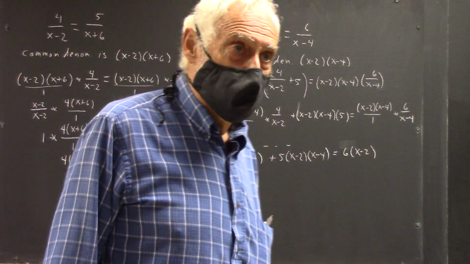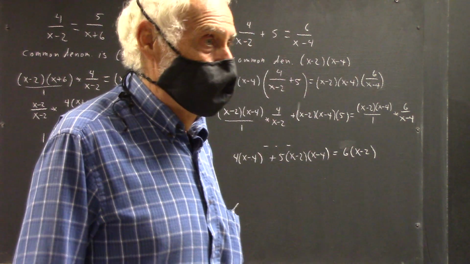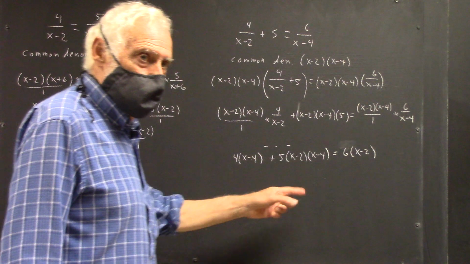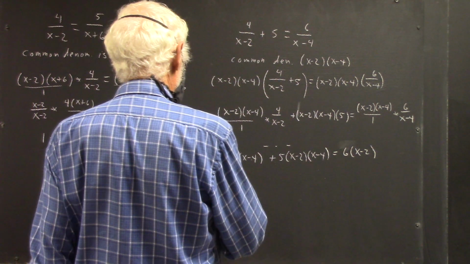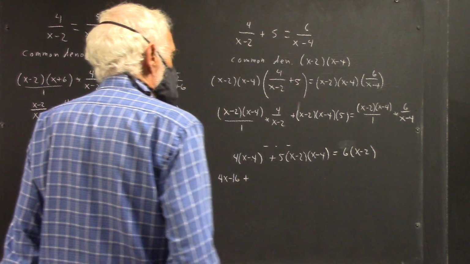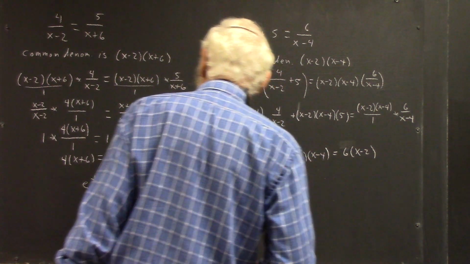Okay? And now, voila, no more denominators. Happy, happy. Not that happy though, because we've got a little work to do, okay? Well, this is 4x minus 16. x minus 2 times x minus 4.